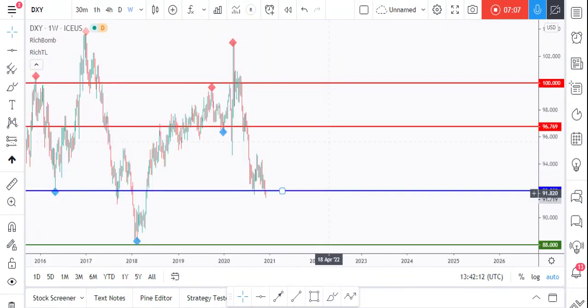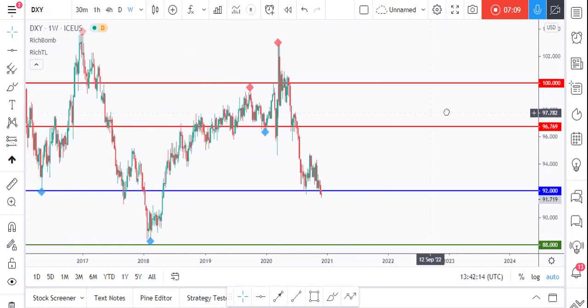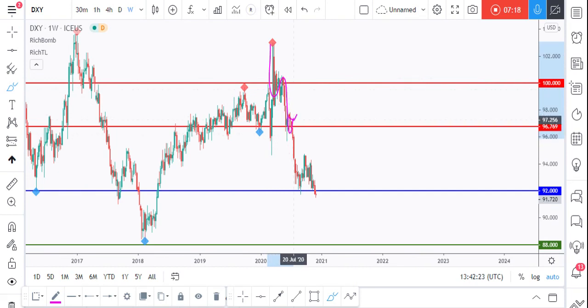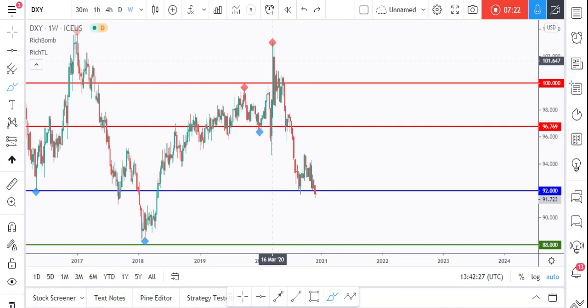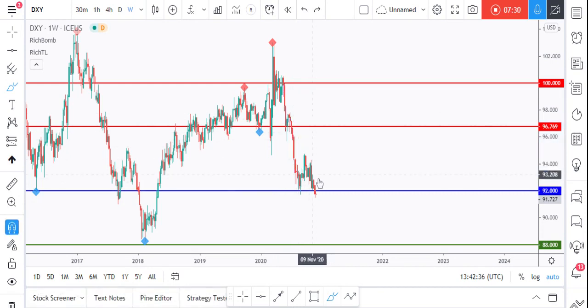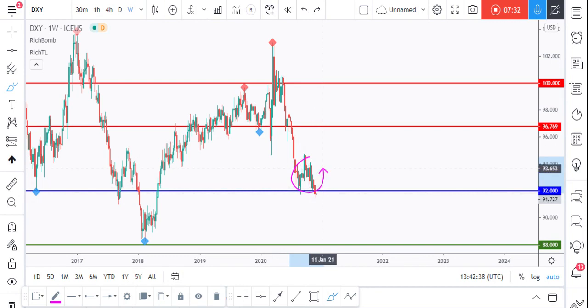If we zoom in a little bit, we can see from a long-term perspective that DXY was overall bearish, making lower lows and lower highs. And as you clearly see, price was making big impulse moves downwards, small corrective moves upward, big impulse moves, but around here, price seems to be stuck inside a range.